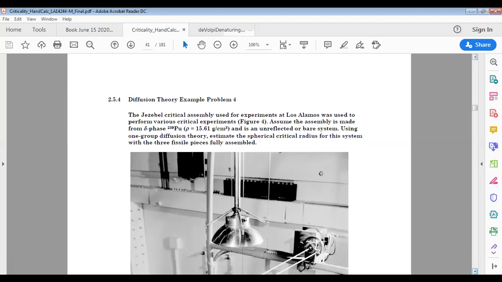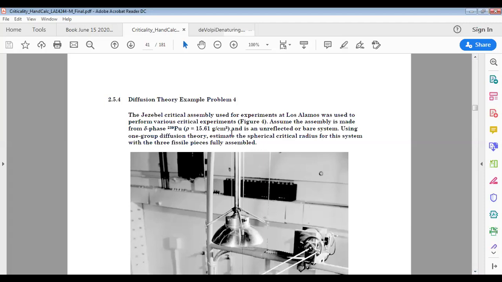Plutonium has some metallurgical complexities, so there's an alpha phase and a delta phase, and their densities are very different. Alpha is about 19, and this is about 15.6.